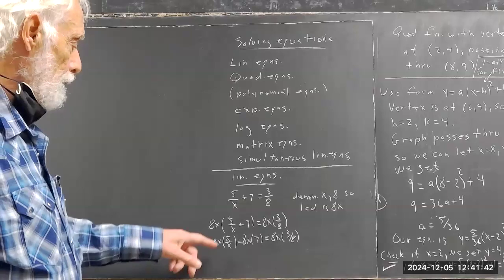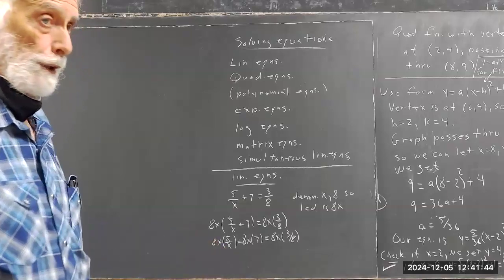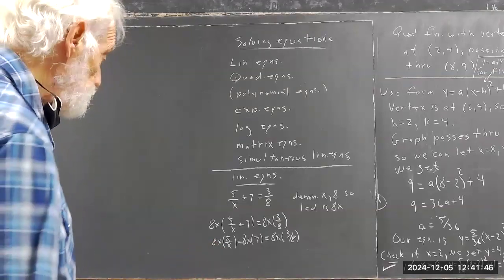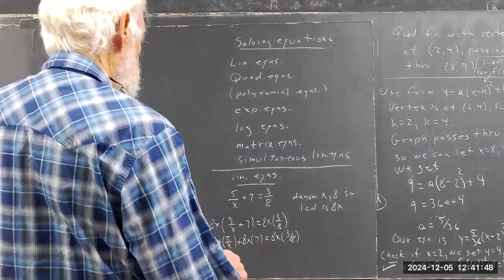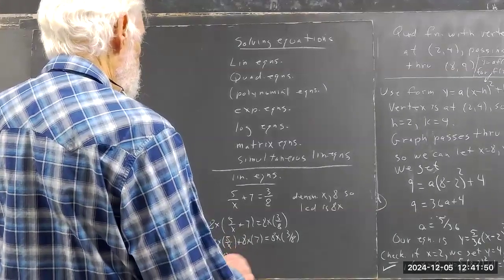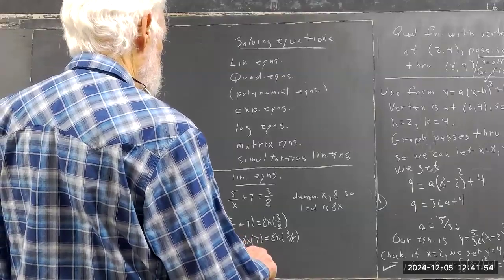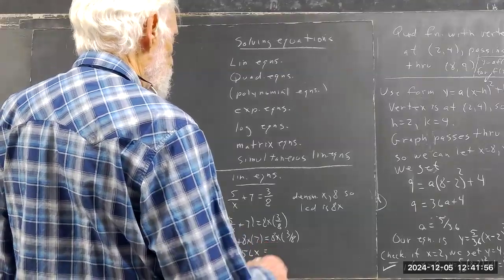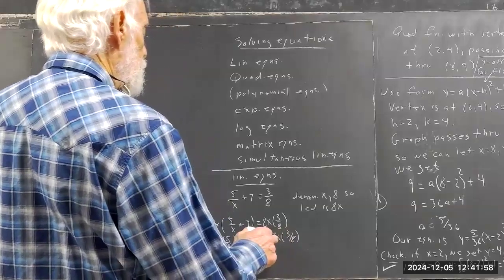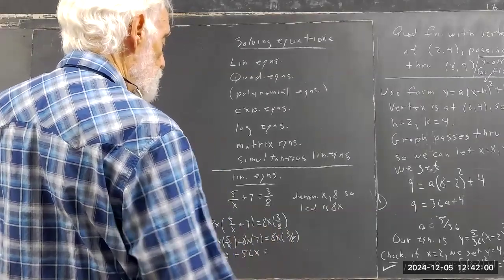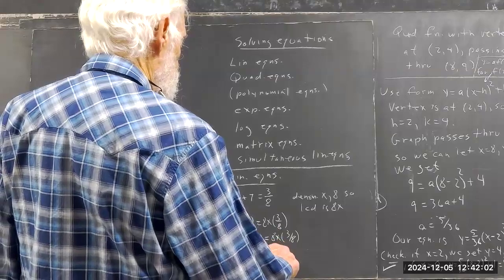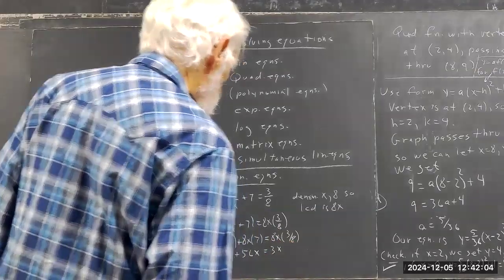Now I've got an x in the numerator and x in the denominator, so they divide out and I end up with 40 here. And 8x times 7 is 56x. And we have an 8 in the denominator and 8 in the numerator, and that leaves us with just 3x.